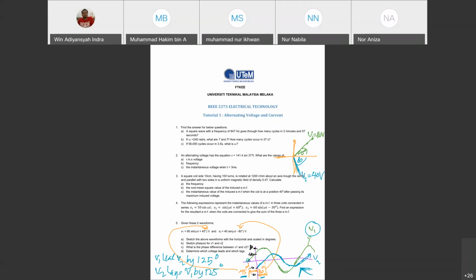Just by looking at the waveform sketch. Okay, now see the phase difference between V1 and V2. Okay, have to delete this one first.